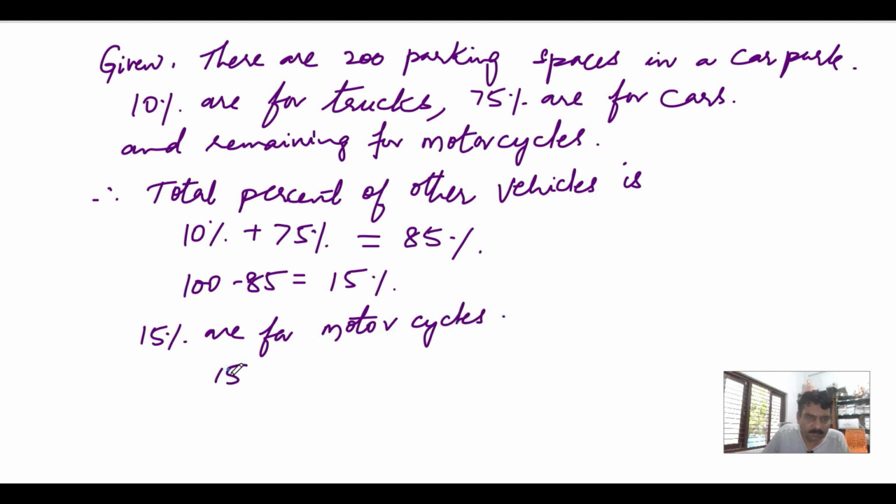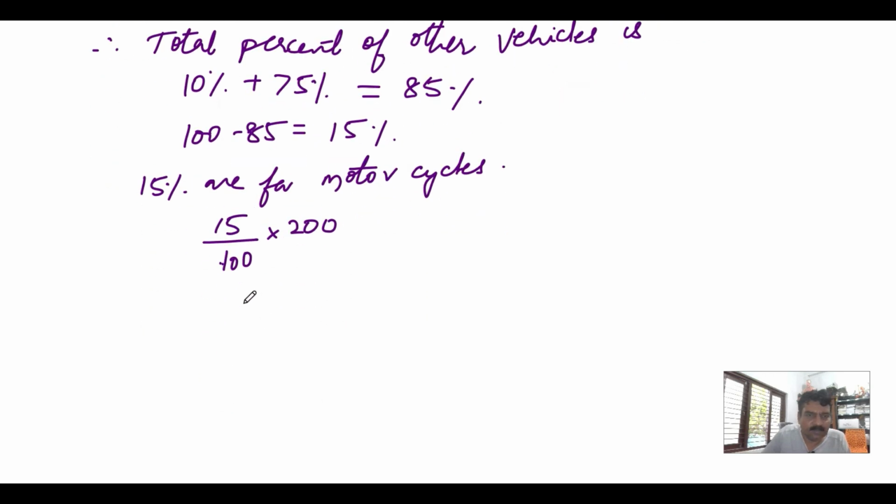So 15% means 15 out of 100 of total how much? 200 car parking spaces given, right? 200. Now we'll go to another step here. So 15 into 200 by 100. 100 ones are 100, 100 twos are 200.